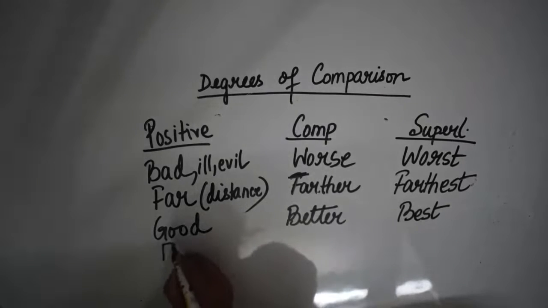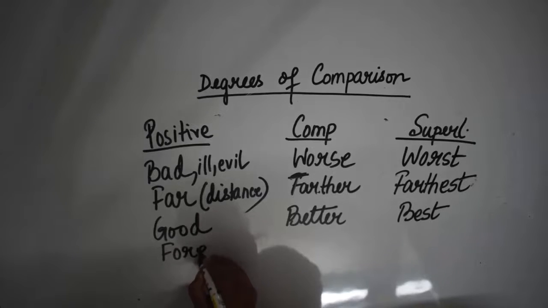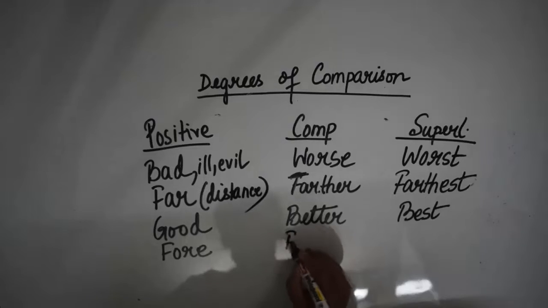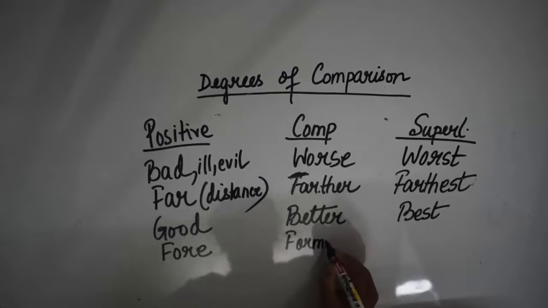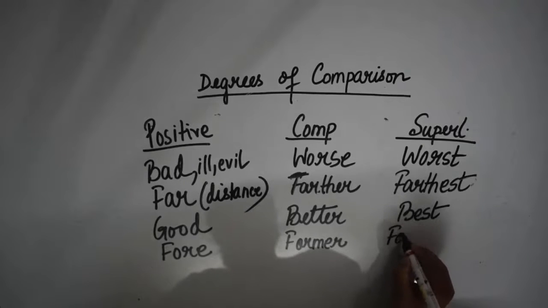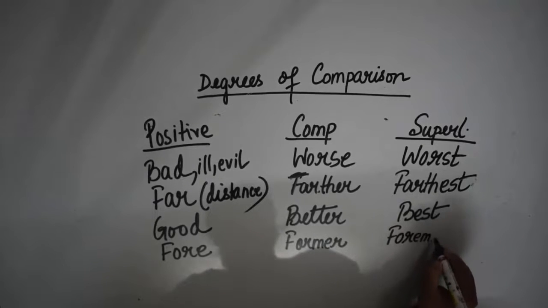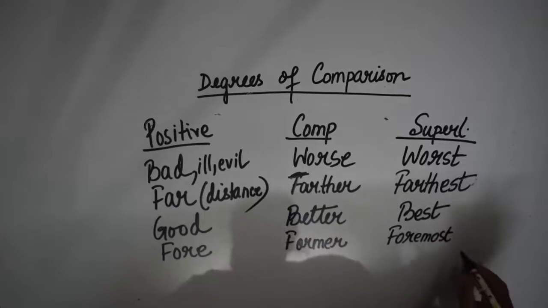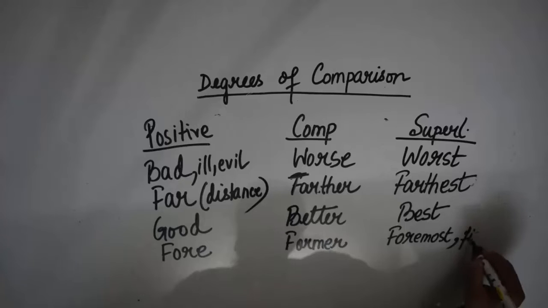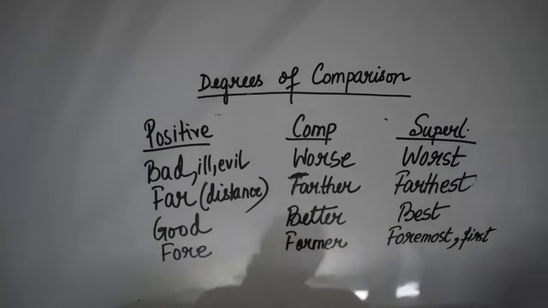The word for. For means before. For, former, foremost, or nowadays we mostly use this word, that is first.